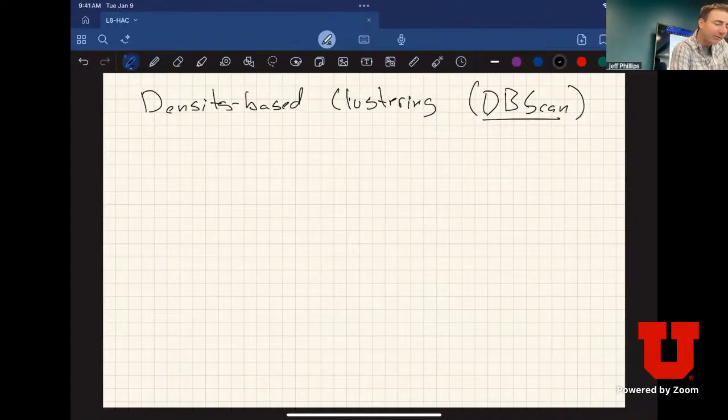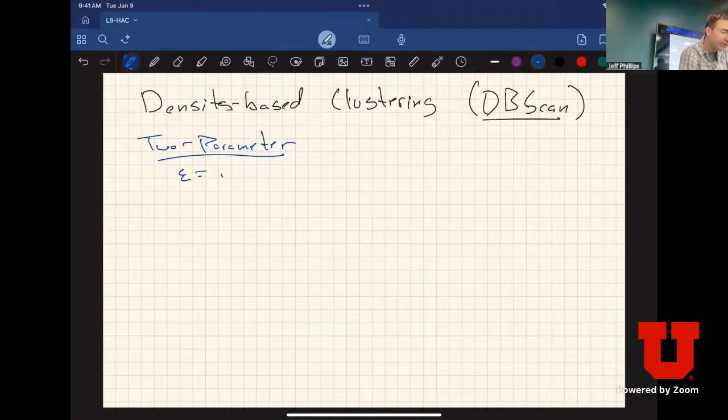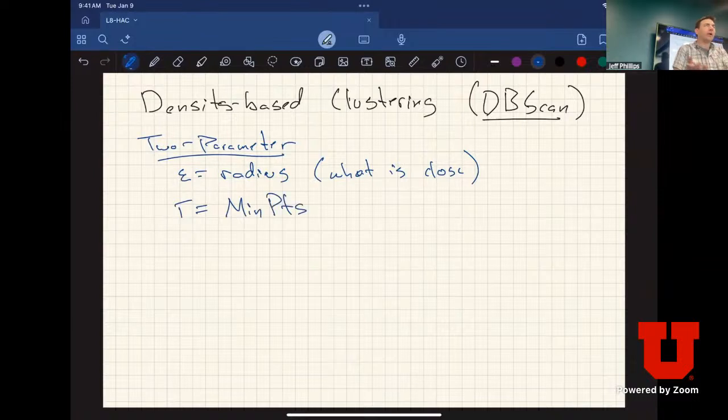It's given two parameters. Instead of k, it's going to have two parameters. Epsilon, which is a radius of what is close, and then a parameter they call tau, or min points.